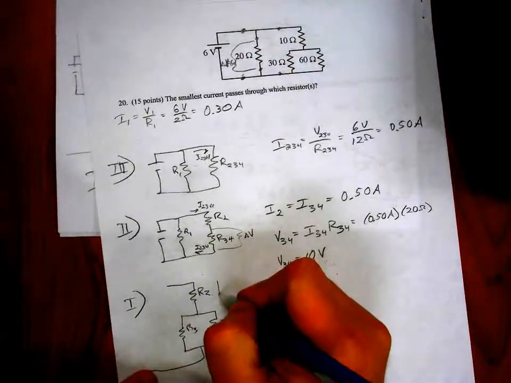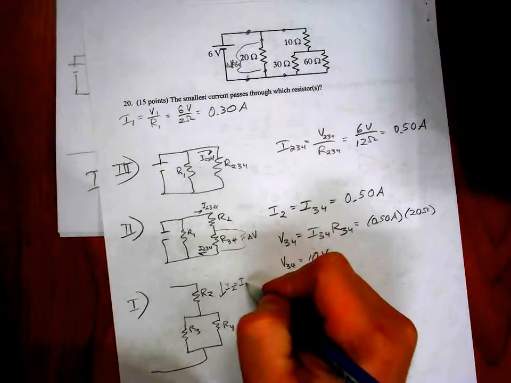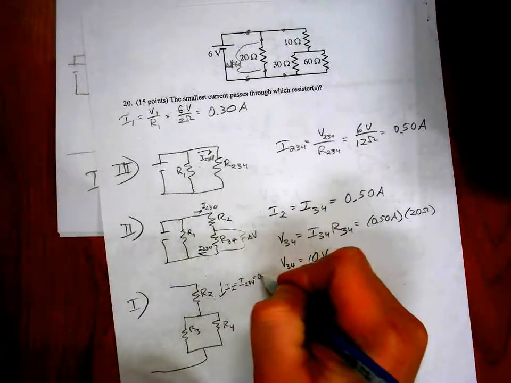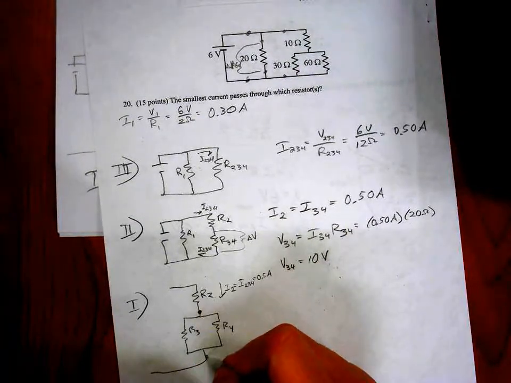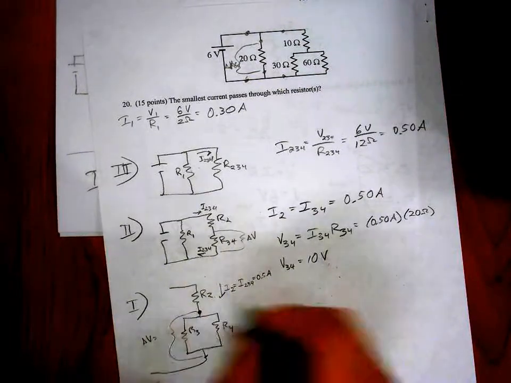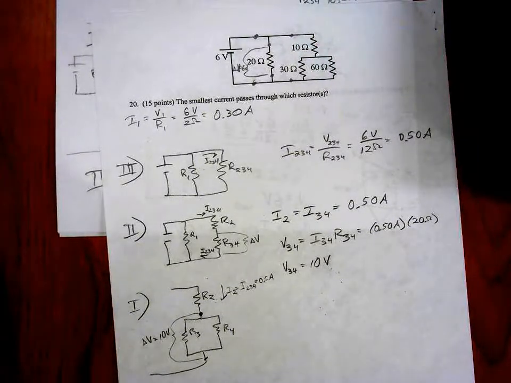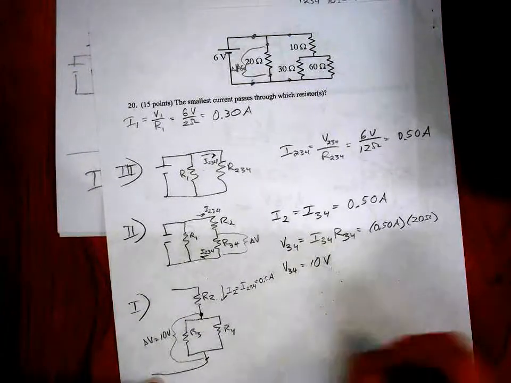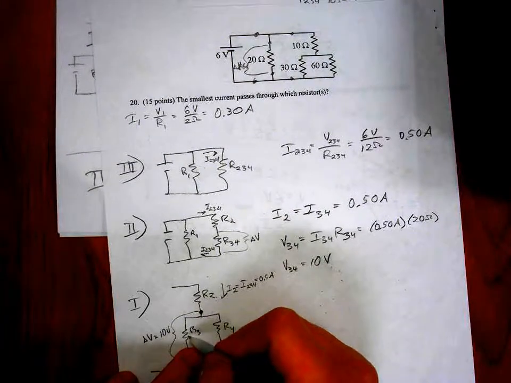We know that this is I2 equals I234, which equals half an amp. We know that the potential difference here is equal to 10 volts. All right. So then we can find the current through each one.